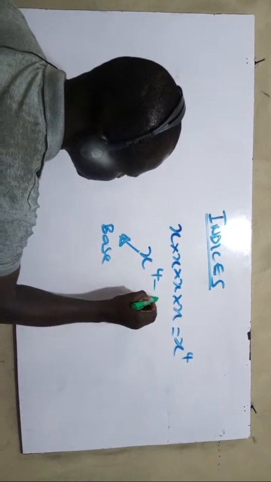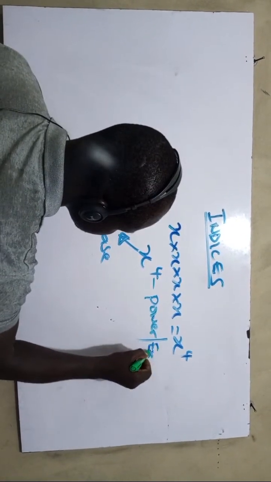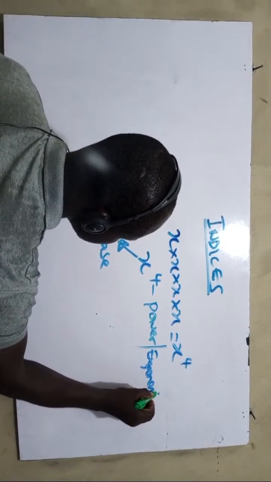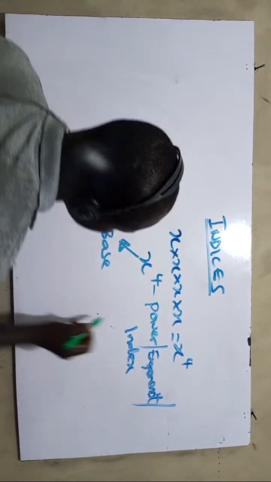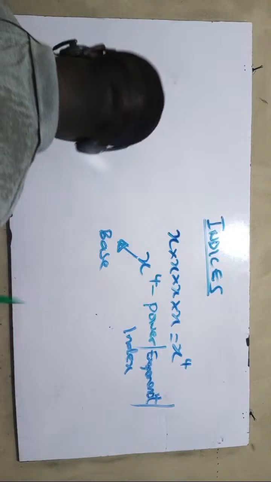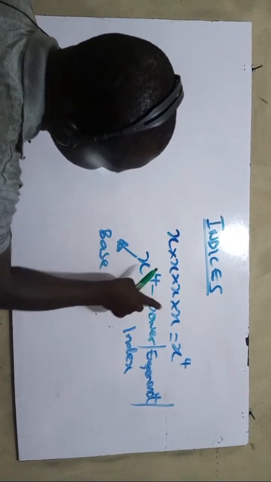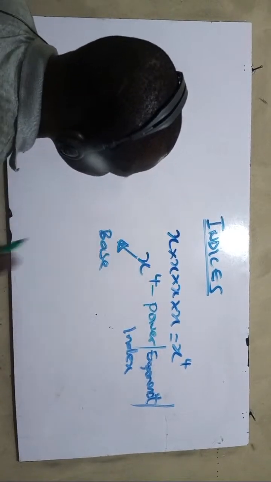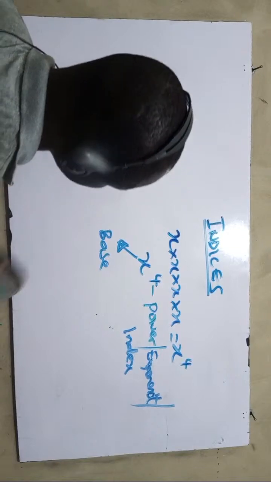Then this 4 is called the power, or we call it exponent, or it is called index. And index is singular, while indices is plural. So x raised to power 4 is the shorter form of writing x in 4 places. That is just the little introduction about indices.